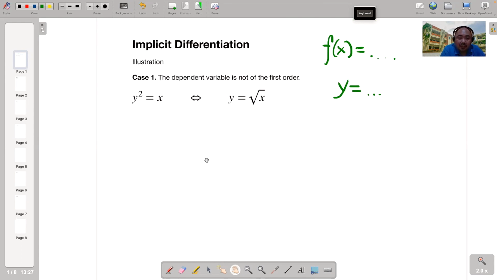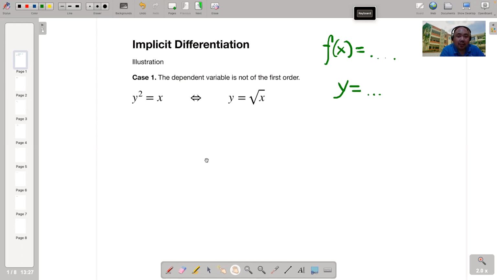Well, sir, actually I can write that with the dependent variable isolated. For example, that can be rewritten as y equals the square root of x. But for purposes of showing what implicit differentiation is, consider the case when you have a dependent variable that is not linear, or not of the first order.